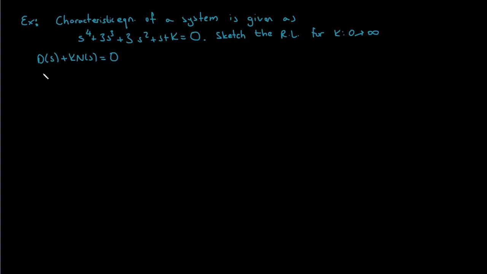So then what is d of s? d of s is equal to s to the power 4 plus 3s cubed plus 3s squared plus s, and that is equal to s times (s plus 1) cubed. How about n of s? This is k times 1, so n of s is equal to 1. So there are no zeros here, okay?